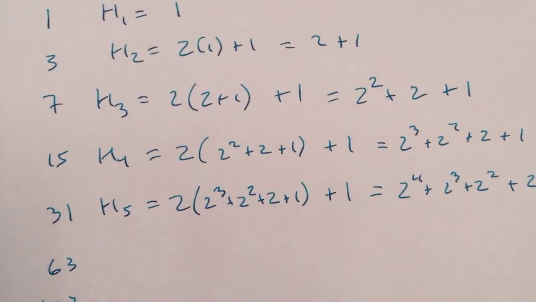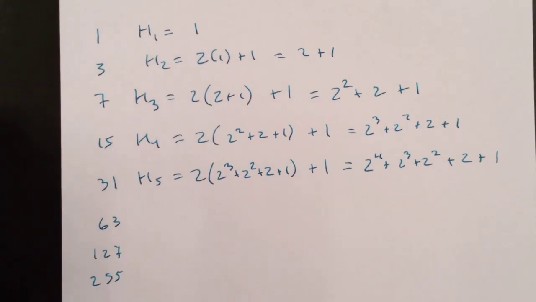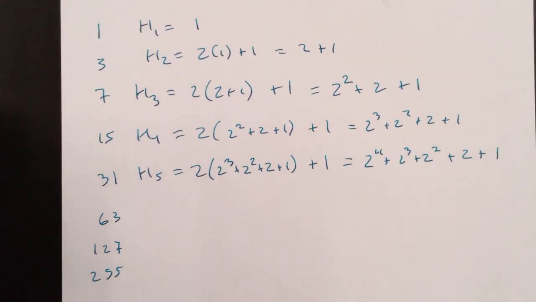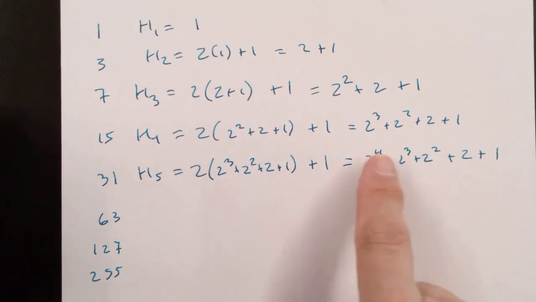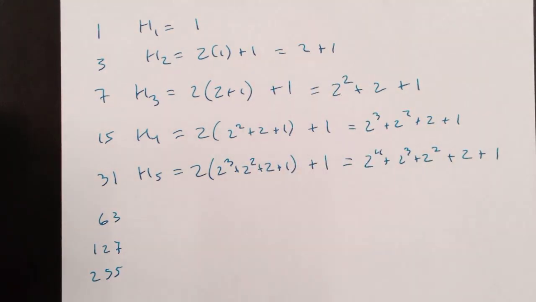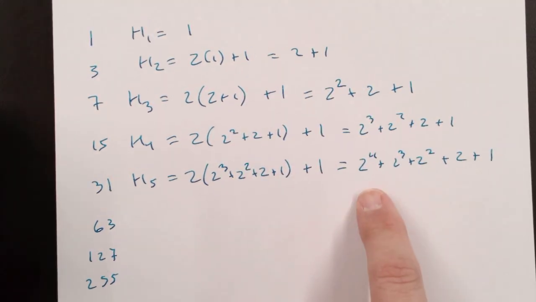I'm off by exactly 1 each time. And I'm always off in the same direction. This is 1 less, isn't it? Think about this in binary. That's the reason I wrote it like this. In binary, this is the number 11111.